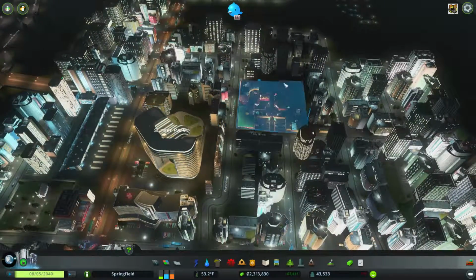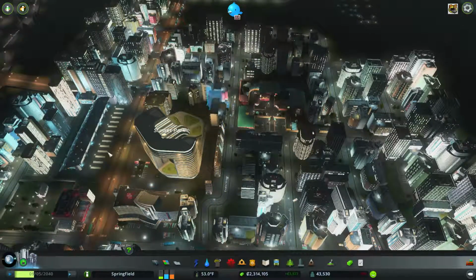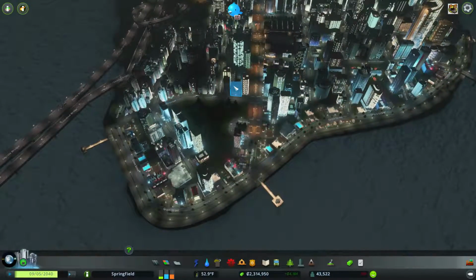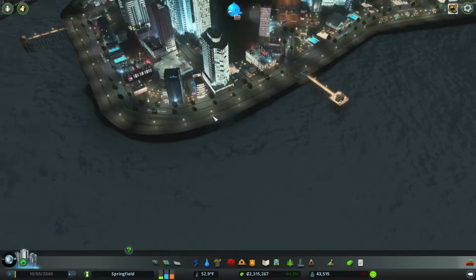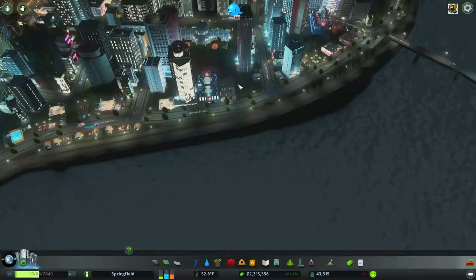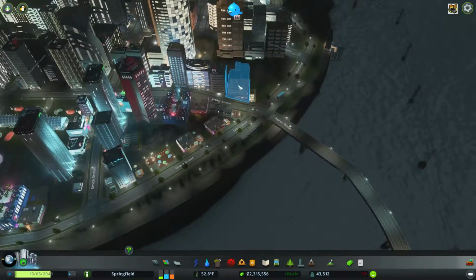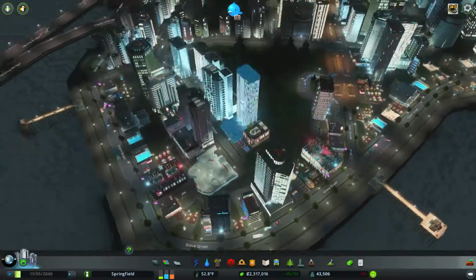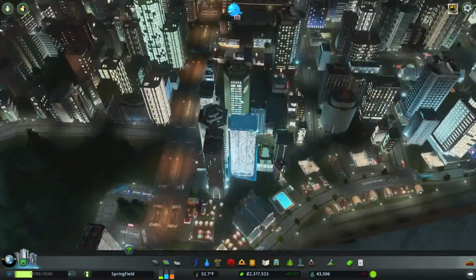Rather than putting the residential here, I should have just put the residential close to the shoreline, but I thought it would be cooler looking to have the commercial stuff on the shoreline, because that's usually how it is in real life. But yeah, I'm not sure.